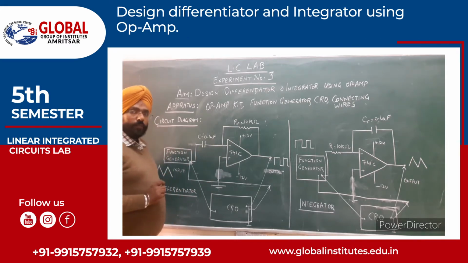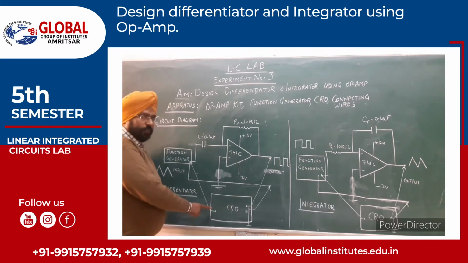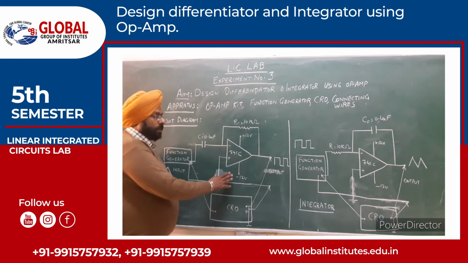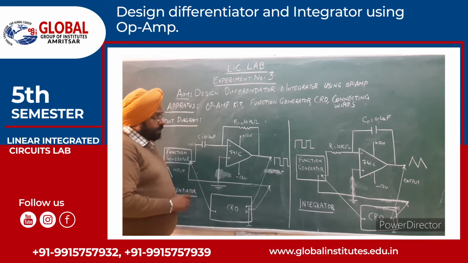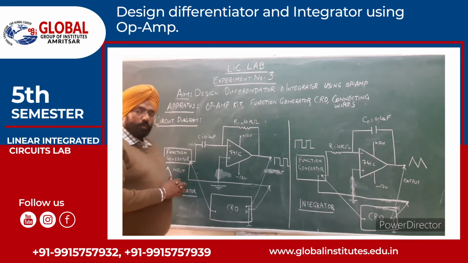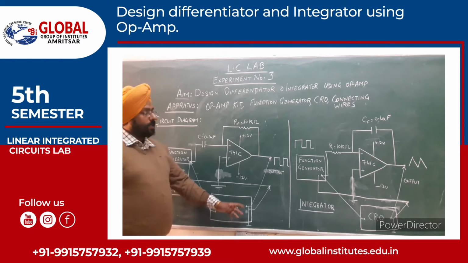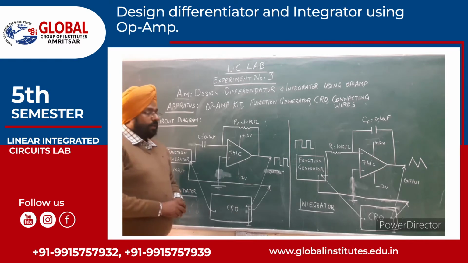Also, the input waveform can be observed on a CRO. So we attach the first channel to the function generator for observing the input waveform. For the supply of the circuit, we require plus minus 12 volt DC voltage. For the output observation, channel number 2 of the CRO is connected to the output terminal of the circuit.